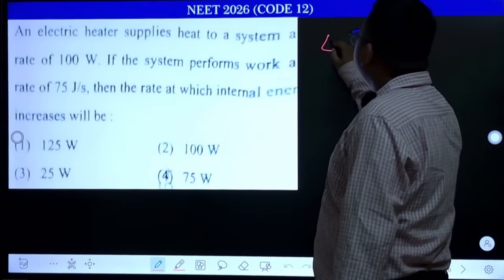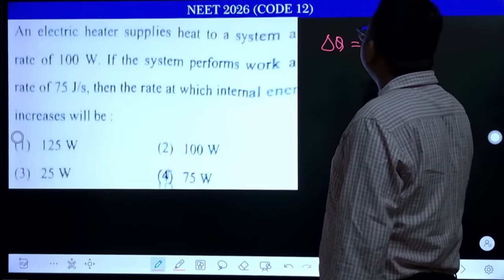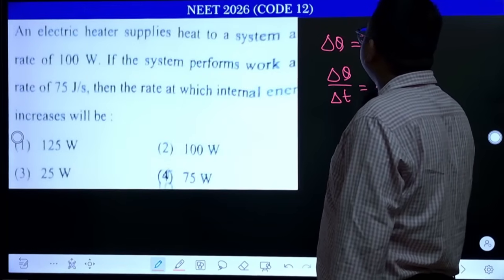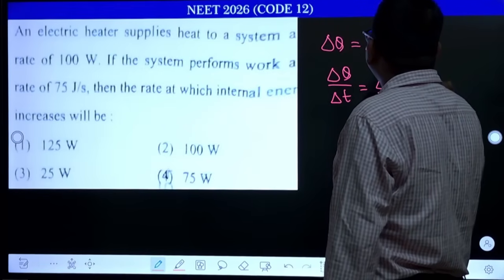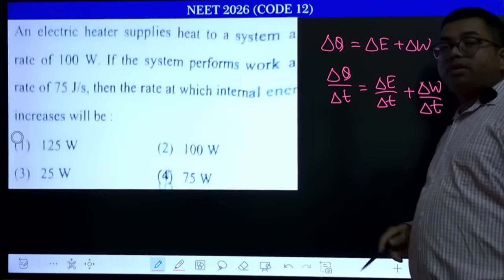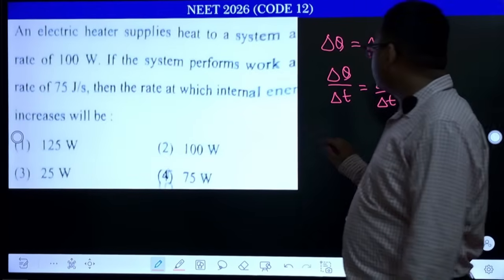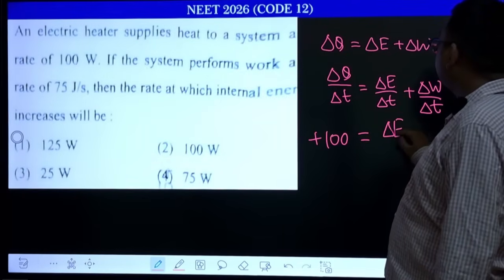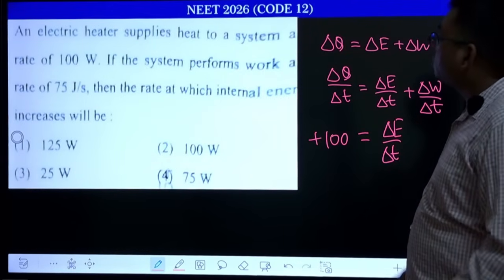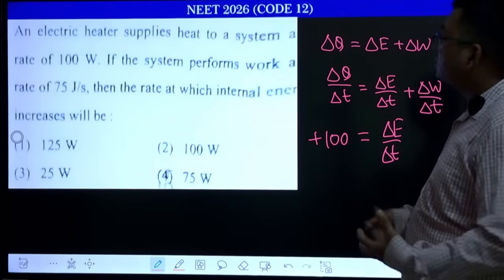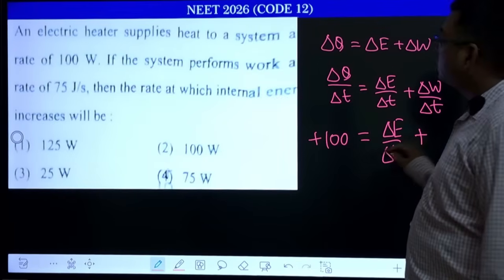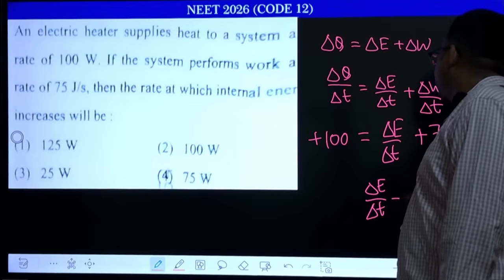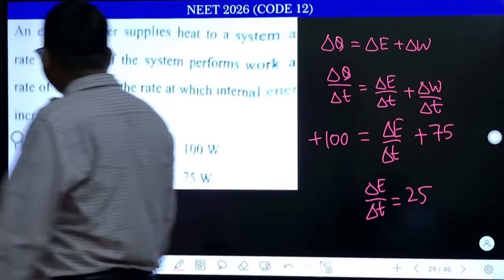So you know delta Q is equal to delta E plus delta W. If I divide this with time, delta Q by delta T is delta E by delta T plus delta W by delta T. So delta Q by delta T is the rate of heat supply, that is 100, positive because it is supplied.